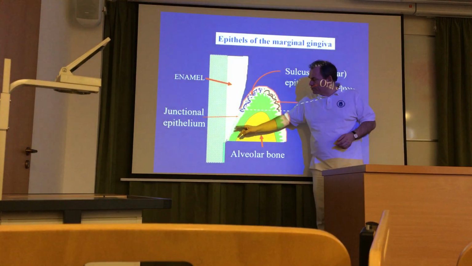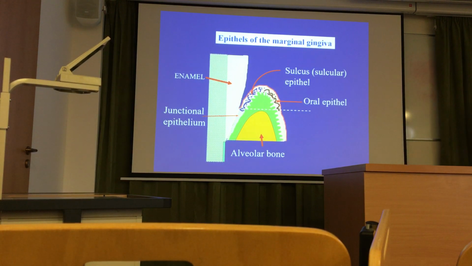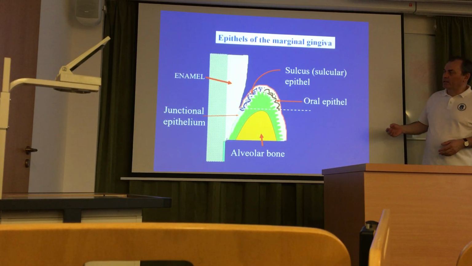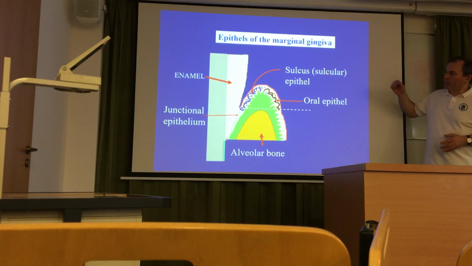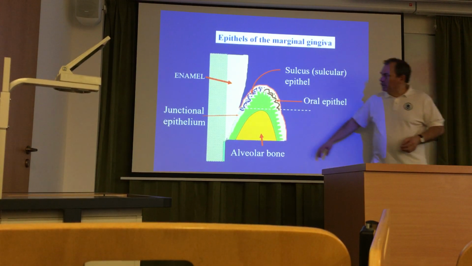So we have the junctional epithelium. This is a multi-layered flat cell epithelium, from 4 to 20 cell layers. We have keratinocytes.